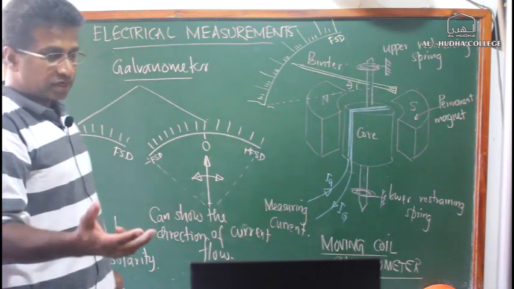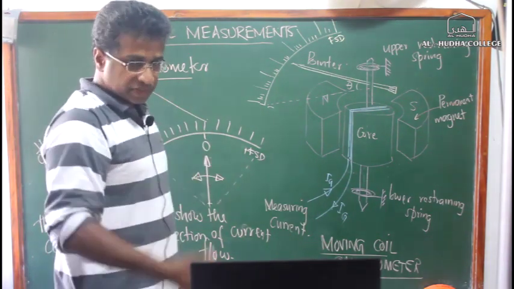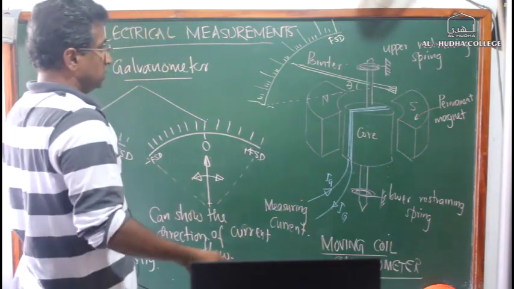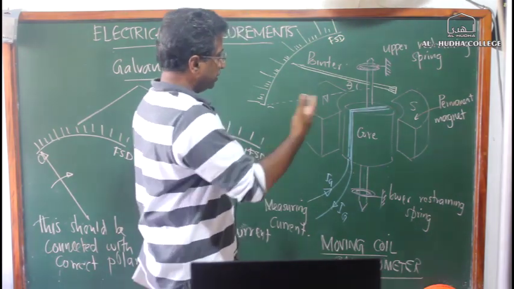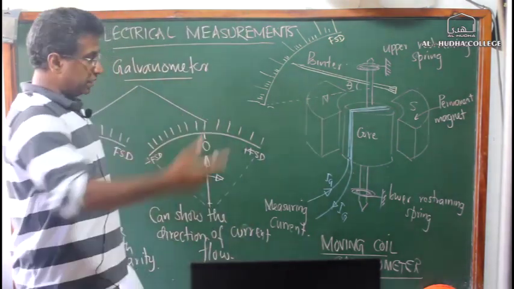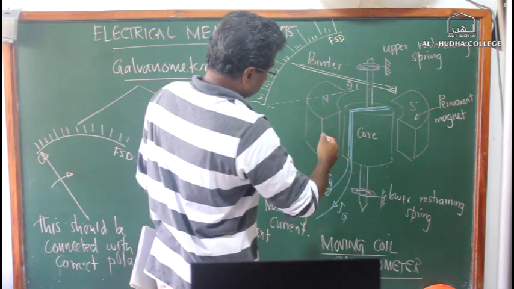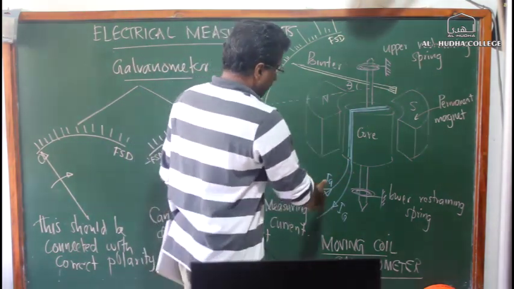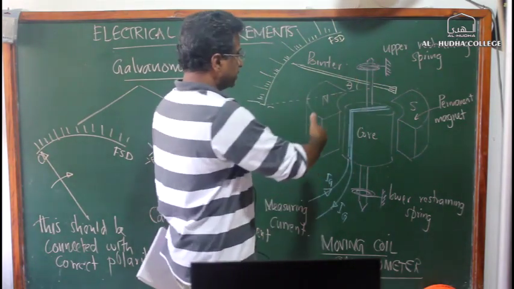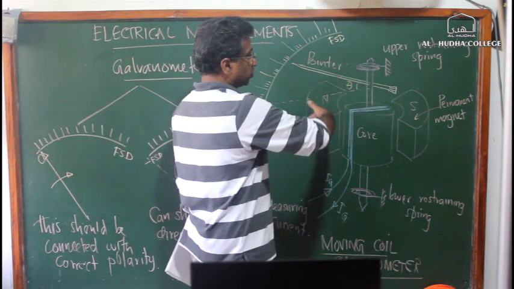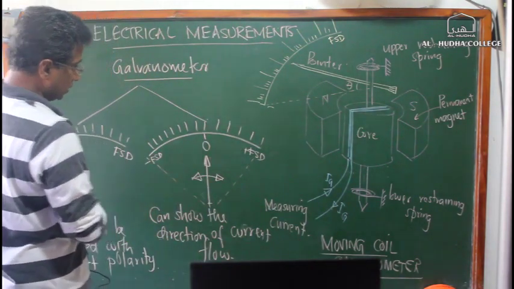So I will summarize. We have the galvanometer, that is the basic measuring element here, right? And it has a core and two permanent magnets and a pointer with the scale. When you apply a current, there will be a deflection in the pointer, and the deflection angle, theta, is proportional to the current flow, theta proportional to I, right?